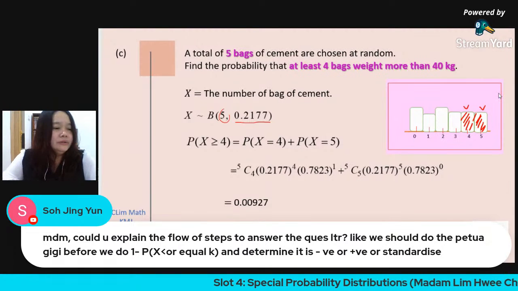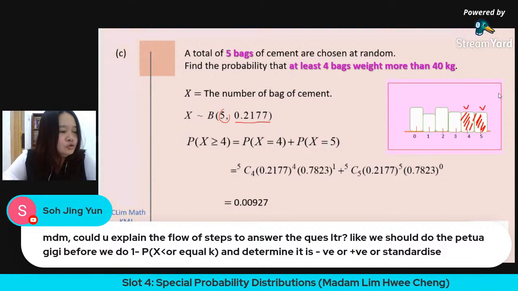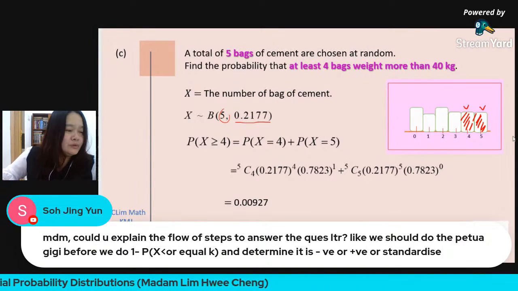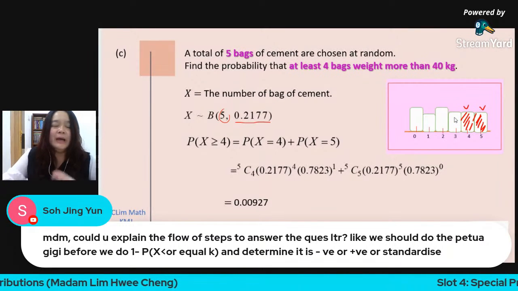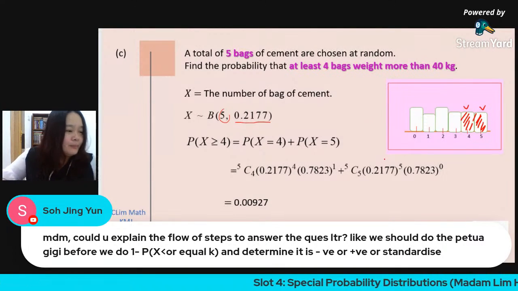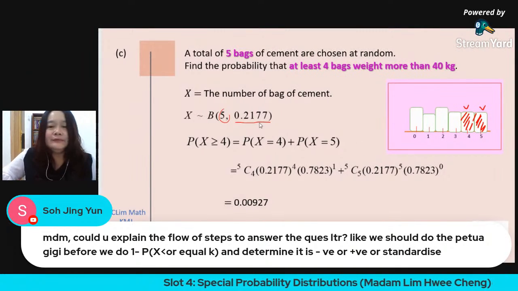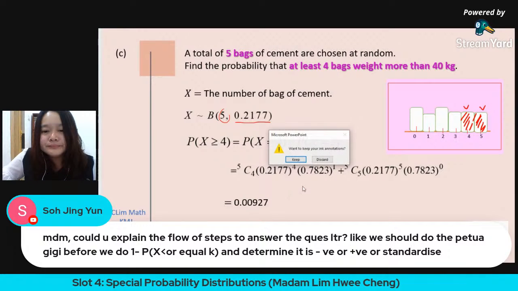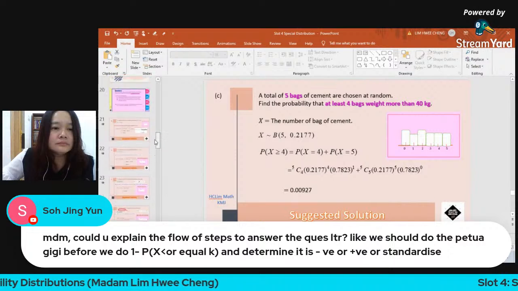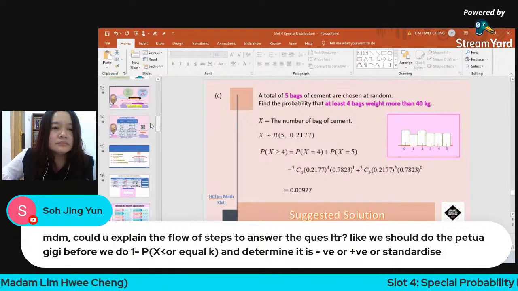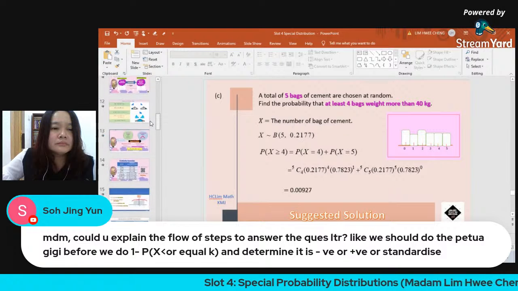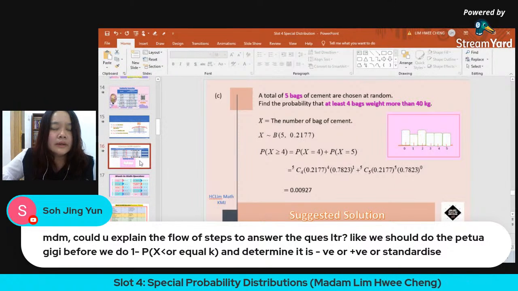Okay students, we use the petua gigi palsu to help us form the formula actually. Okay, for example, this one.